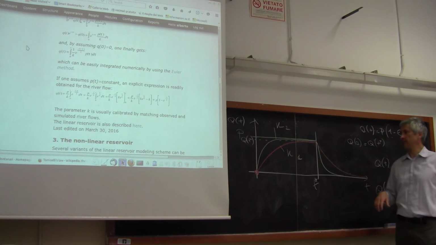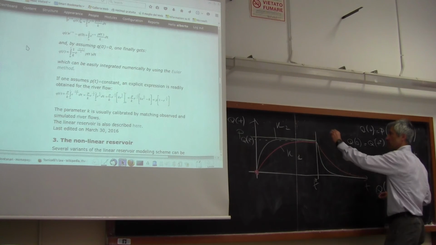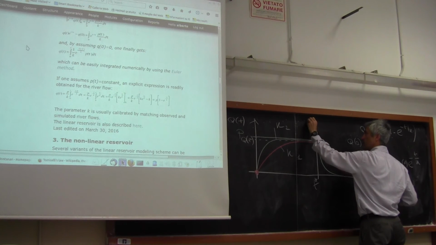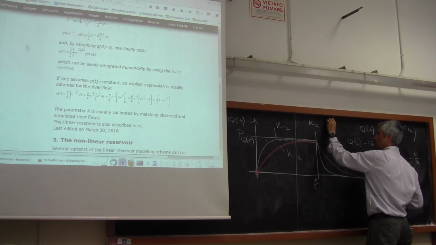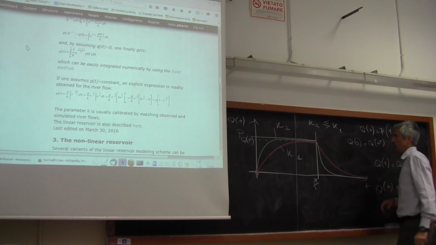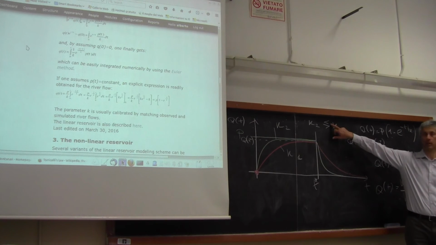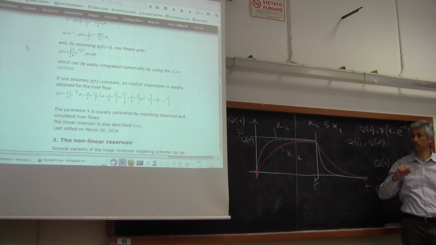So the red curve has K1, the green curve K2. So my question is: is K2 larger or lower than K1? Larger. No. Lower.